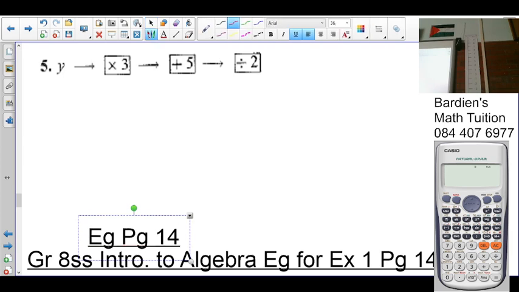Right, so what will this be? Y times 3 plus 5. Right. You all agree with that?